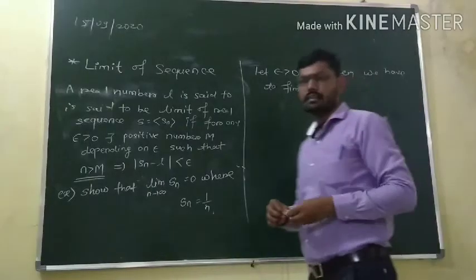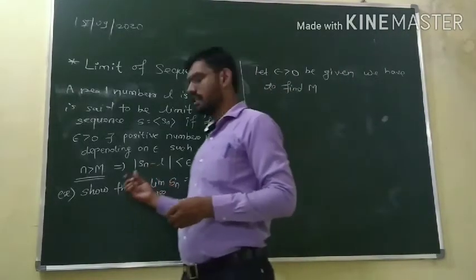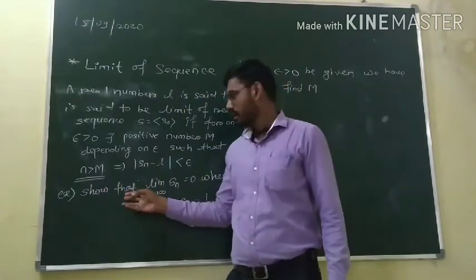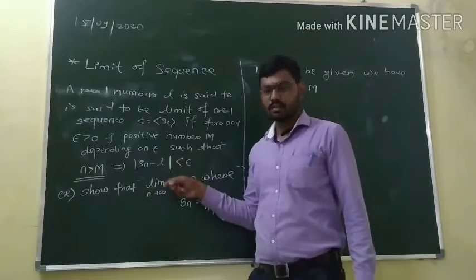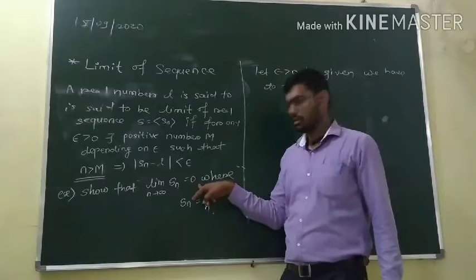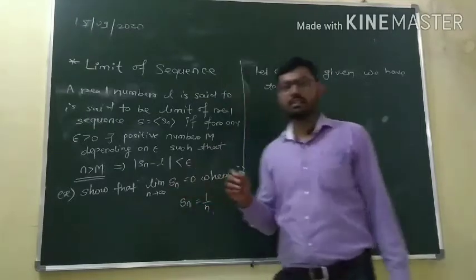So we will start with a basic, very easy example. Show that the limit of the sequence whose nth term is 1 by n is 0. The same sequence we have already seen graphically.